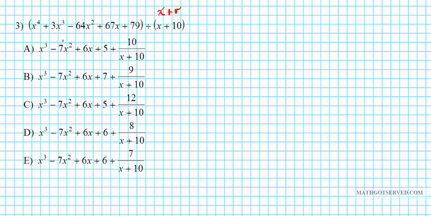So the first step in the synthetic division algorithm is to ensure that your dividend has no missing degrees. If any degrees are missing, then you will have to put in a placeholder. So we have no missing terms.